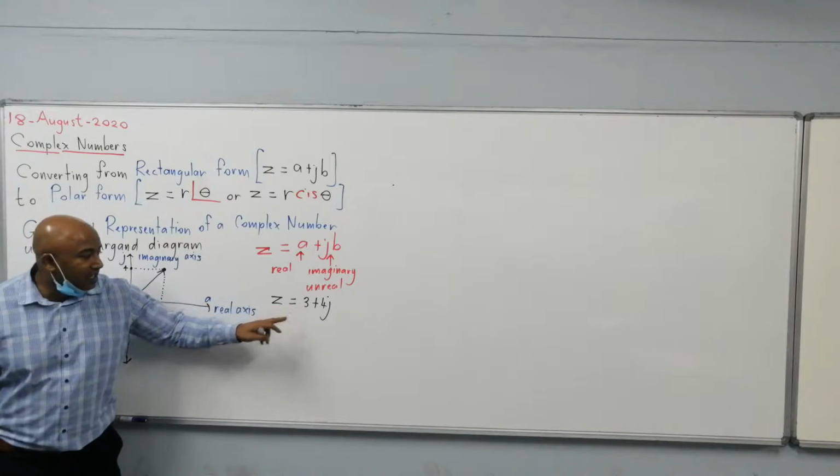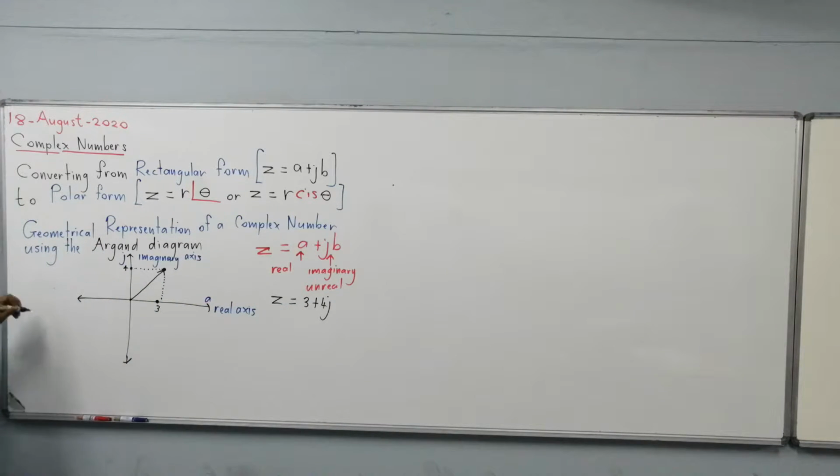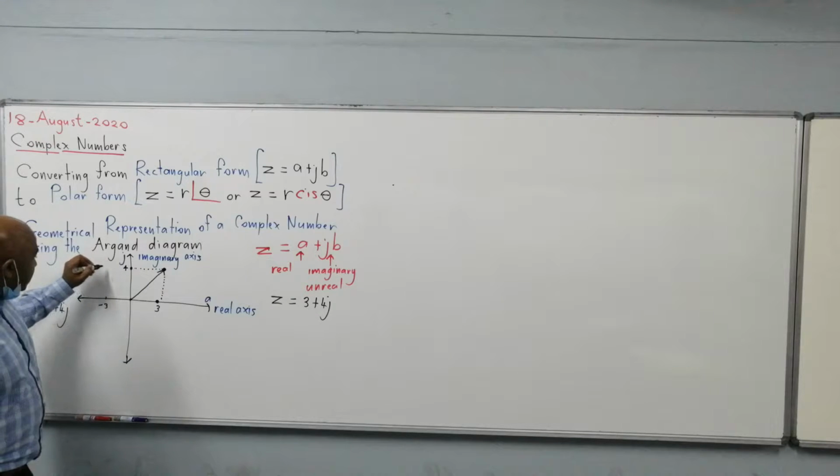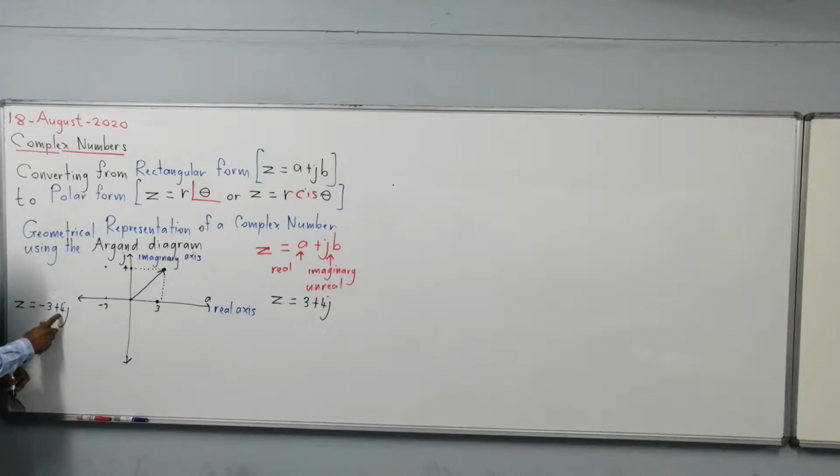What happens if I had -3? If I had maybe z is equal to -3 plus 4j. Instead of the real part being +3, now we have a -3 here, and it's the same 4.